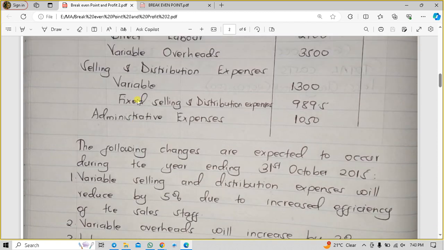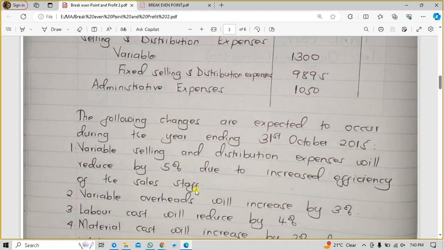So here you can see we have fixed selling and distribution expenses, and we also have the variable. That means that these expenses are going to reduce by 5%. So it means that we need to do a calculation so that we can reduce this amount by 5%. So this amount is going to reduce by 5%, and we will see what you're supposed to do.